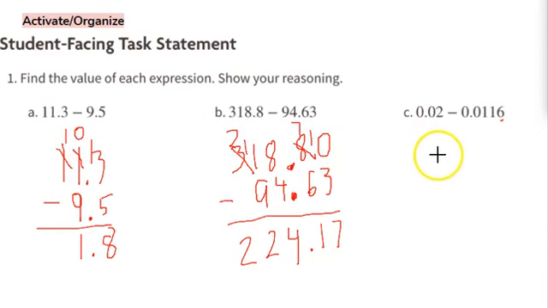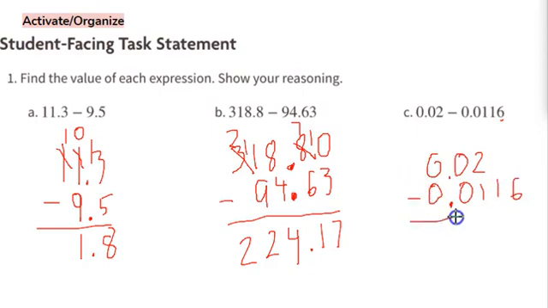What about this final one? Yeah, and just a little trick. I always try and put my decimal in first. That way I can line up a little bit more efficiently.